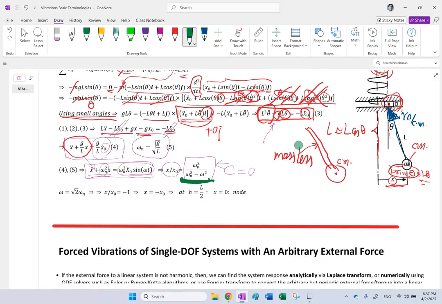So this is that transfer function if C is 0. Good? Where omega n is this square root of g over L.